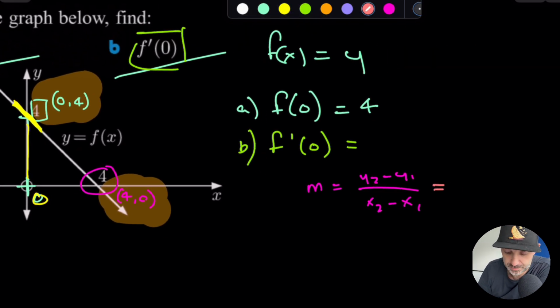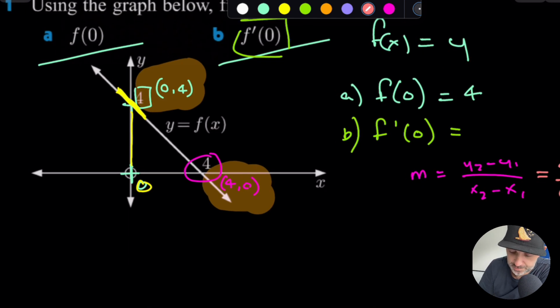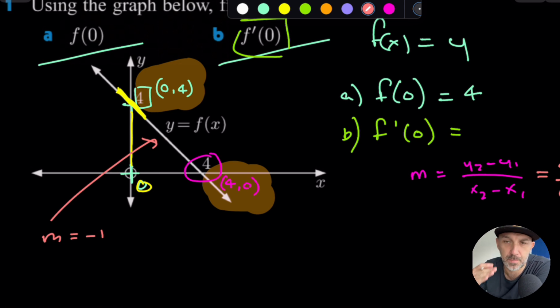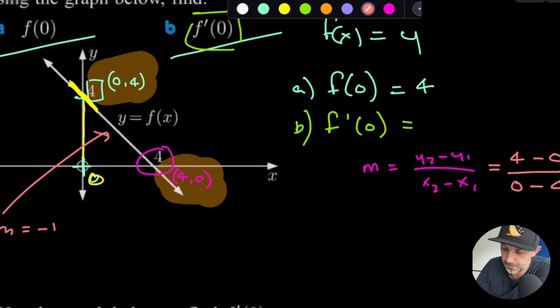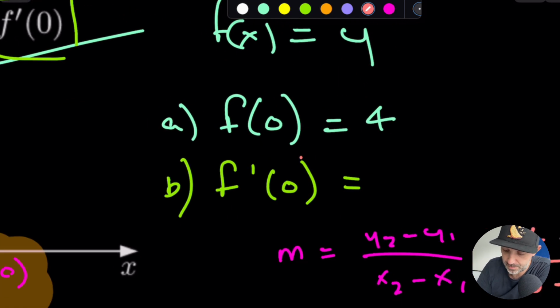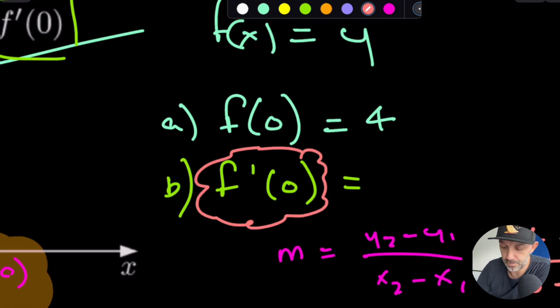The gradient between these 2 points is y2 minus y1, so 4 minus 0, over x2 minus x1, which is 0 minus 4, which results in 4 over negative 4, which is minus 1. So the gradient of this straight line is minus 1. It's linear, so it's minus 1 throughout its whole journey. Therefore, the gradient at 0 is negative 1.